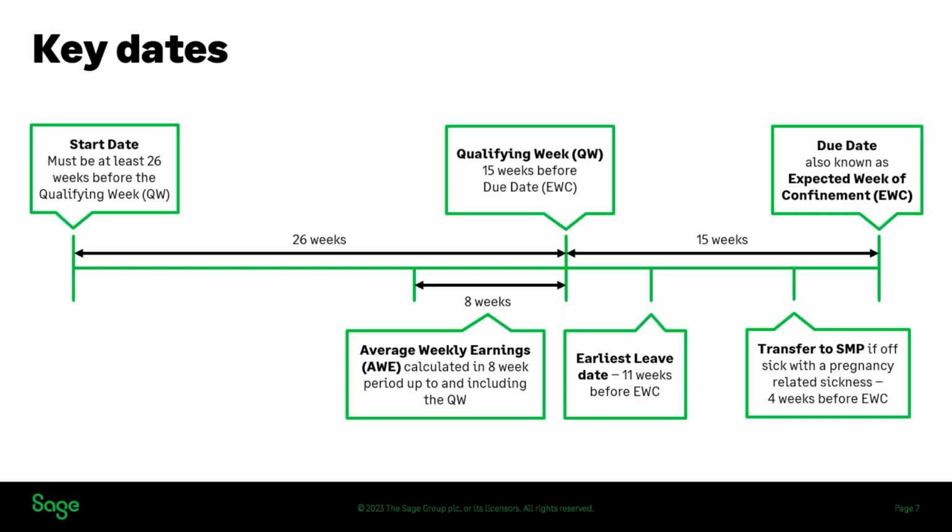So those are some of the key dates, and these will all be worked out by the programme, as you'll see in the demonstration in a few moments. But that's just to put it visually on screen, giving you an idea of where everything sits in relation to that due date.